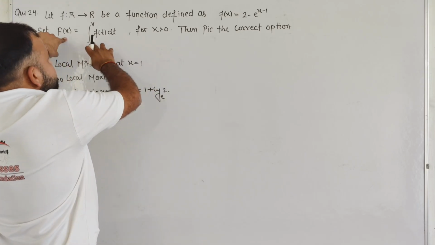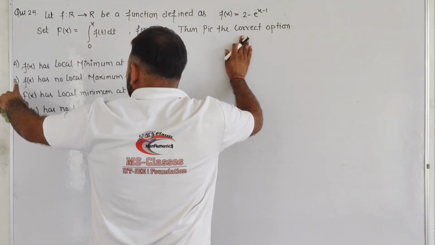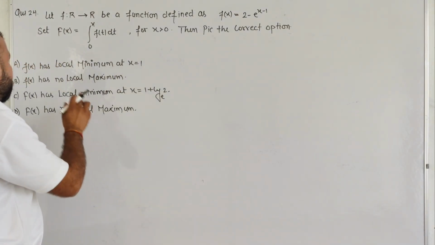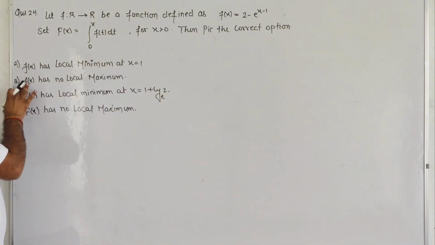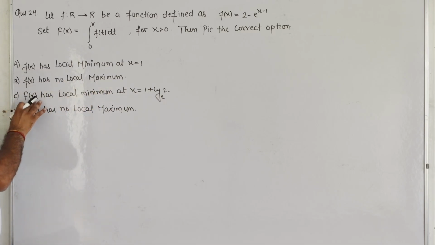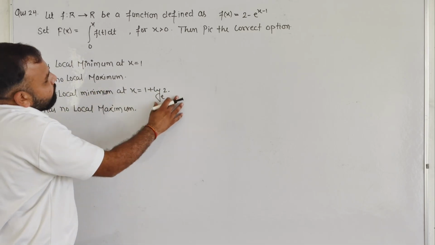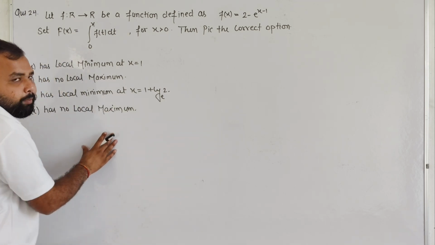Set capital F(x) as the integral from 0 to x of f(t) dt for x greater than 0. Then pick the correct option. Option A: small f(x) has a local minimum at x equal to 1. Option B: small f(x) has a local maximum. Option C: capital F(x) has a local minimum at x equal to 1 plus log e 2. Option D: f(x) has no local maximum.